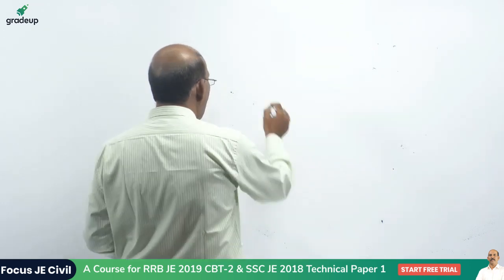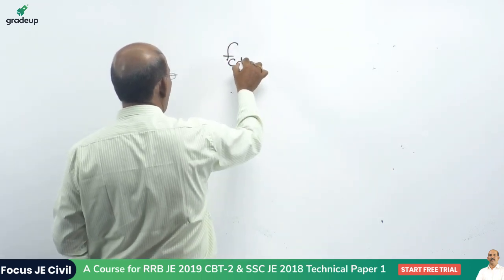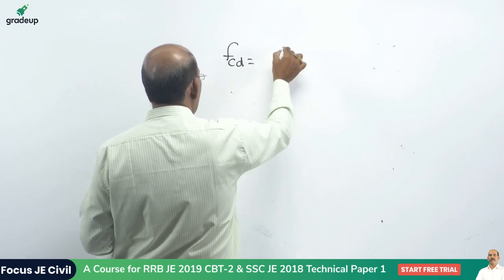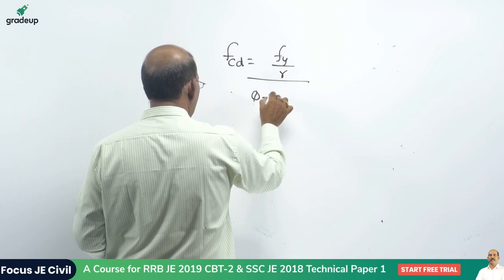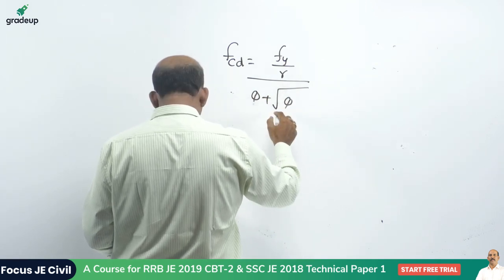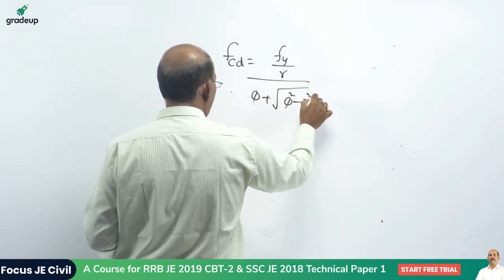Coming to your first one, the Euler's formula and Rankine's formula, the following equations are used in the computations. I will give you the equation. For the computation of phi FCD, it is Fy divided by gamma, divided by phi plus square root of phi square minus lambda square.